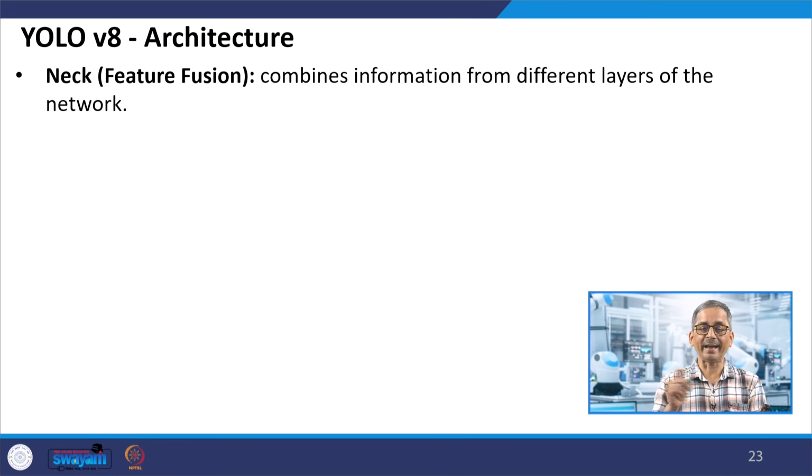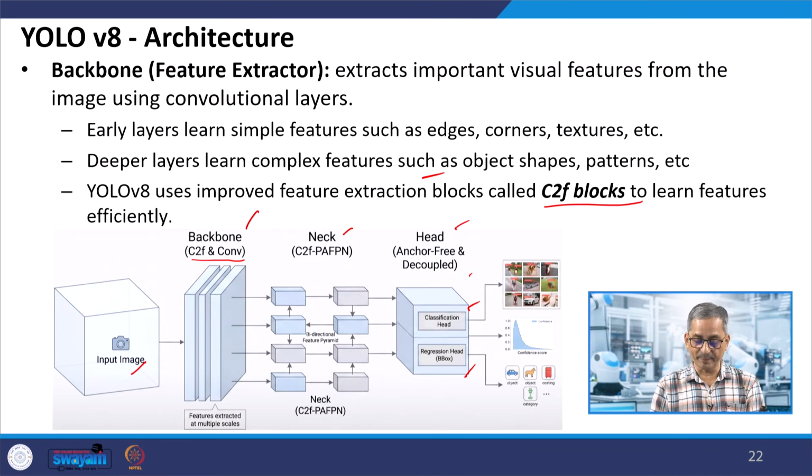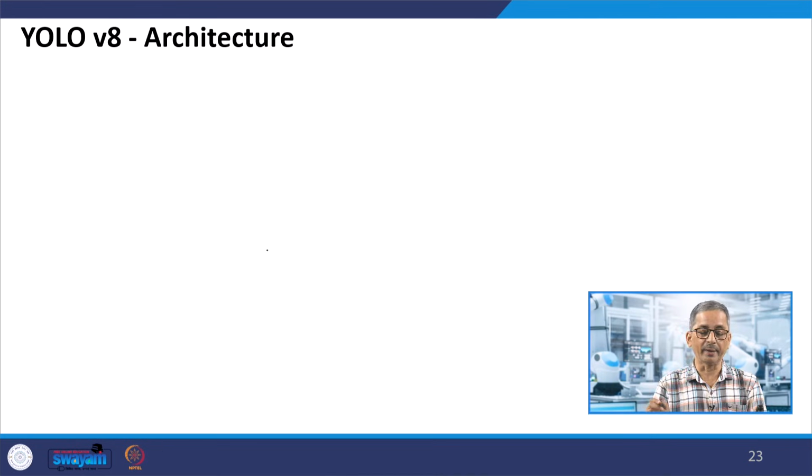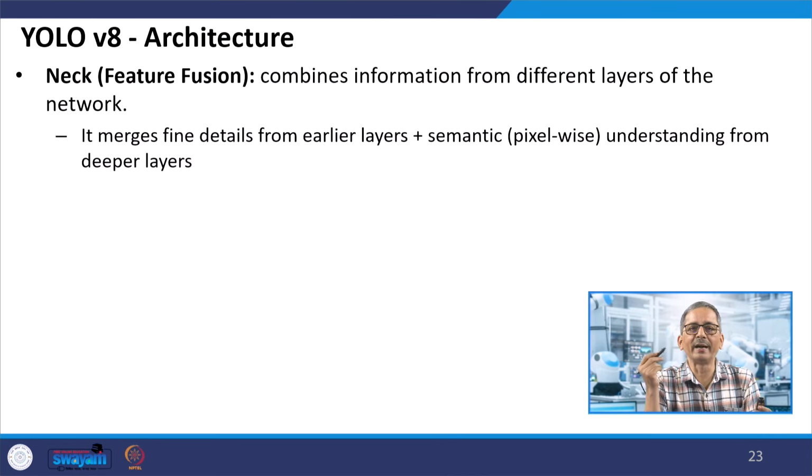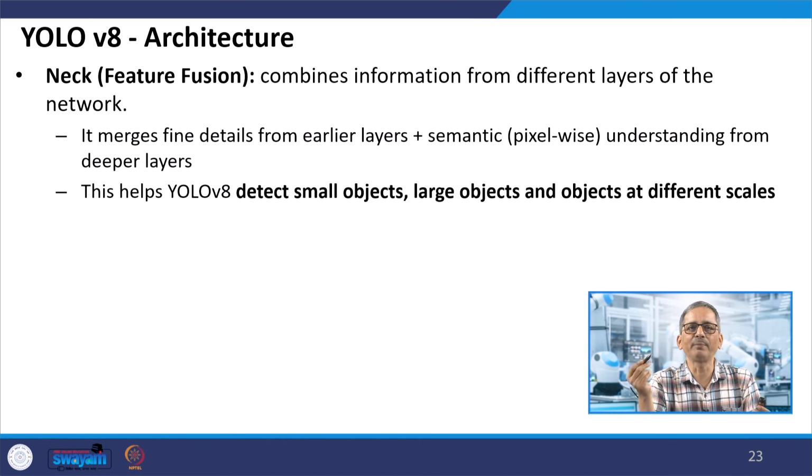The neck, which I have discussed in the previous slide, combines information from the different layers of the network. It merges fine details from earlier layers plus semantic understanding from deeper layers. This helps YOLOv8 detect small objects, large objects and objects at different scales.